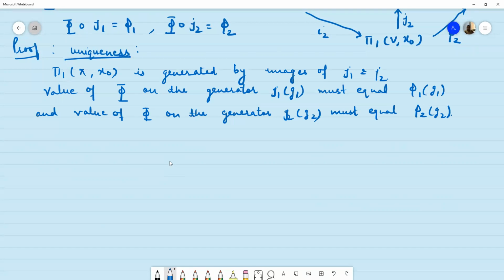So phi is completely determined by phi 1 and phi 2. So it is unique.